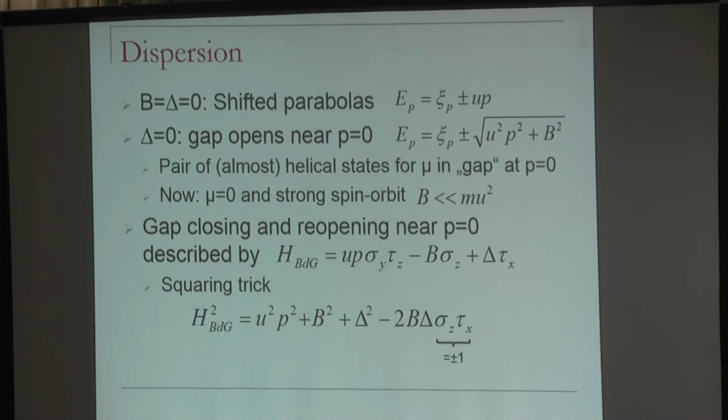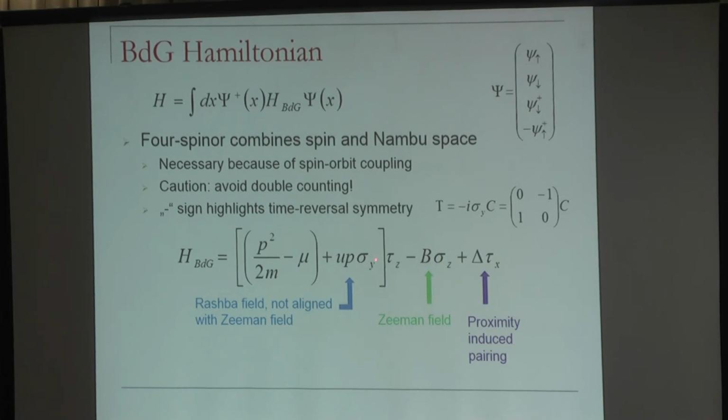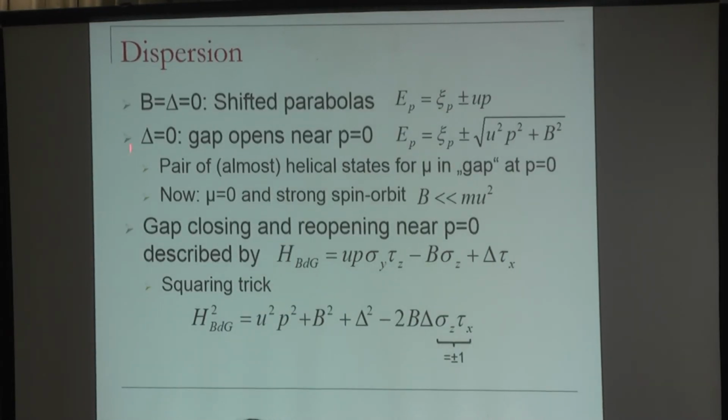So first of all, if we have no B field, no delta, we have the shifted parabolas. You see this directly here. Then we just have this kinetic energy, sigma y is conserved, and you have shifted parabolas as seen before. Now, if delta stays equal to 0, there will be a gap opening near p equal to 0.